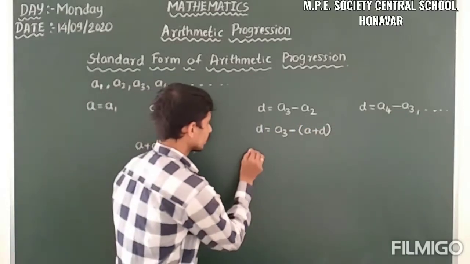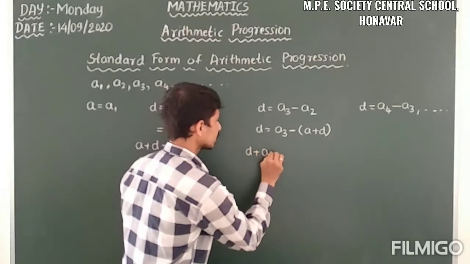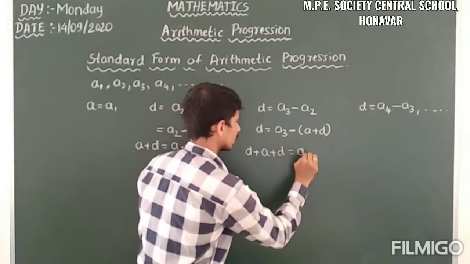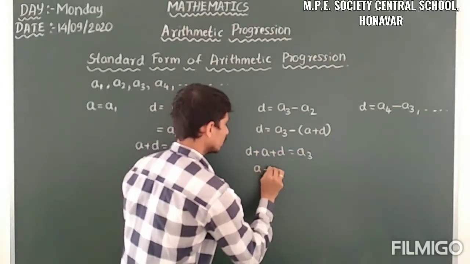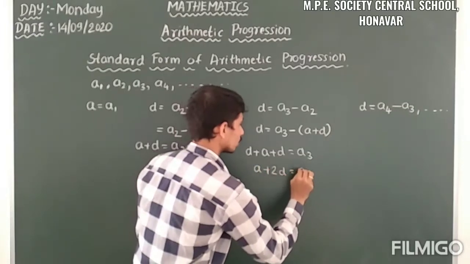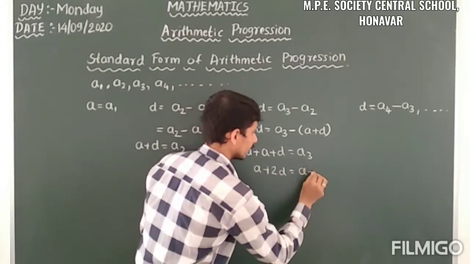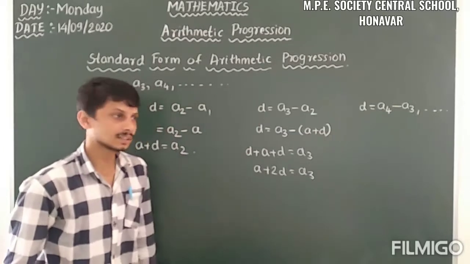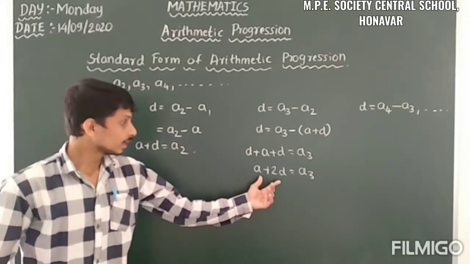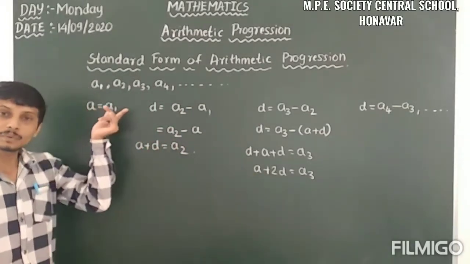What happens here? D plus A plus D is equal to A3, that is A plus 2D is equal to A3.